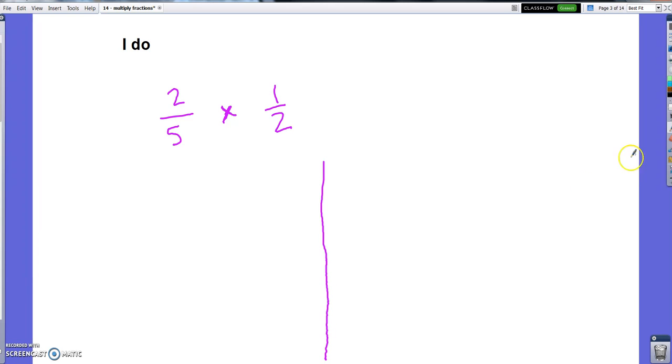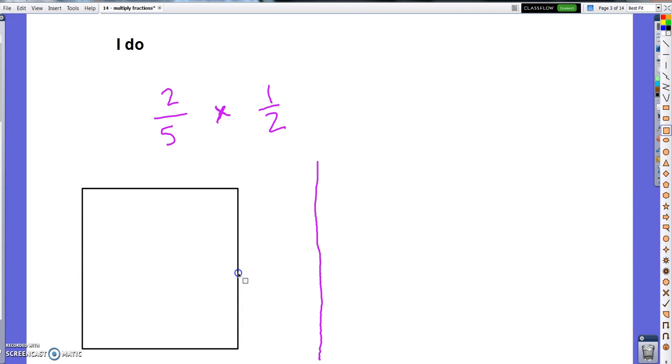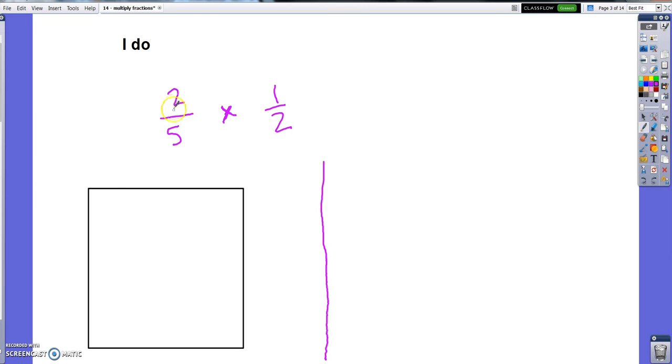2/5 times 1/2. One strategy I can do is I'm going to draw a box here. I'm going to draw an empty one. And what I'm going to do is, to visualize this, I'm going to represent 2/5.